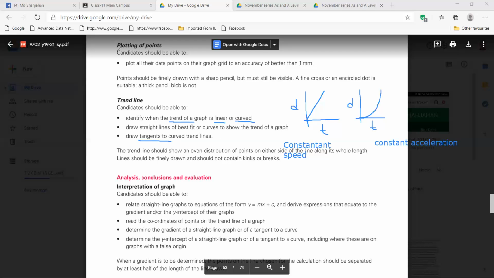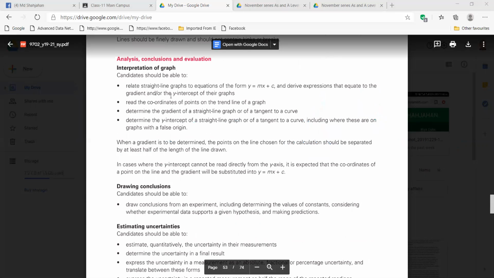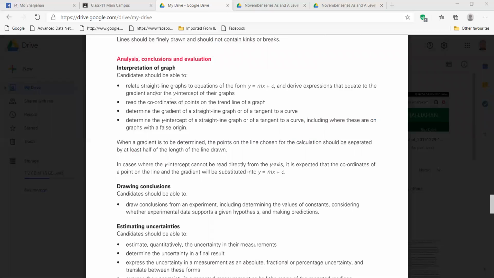Yes, sir. Okay, great. Then next, very important thing, you see interpretation of the graph. Yeah, Amina, you continue this interpretation of graph.